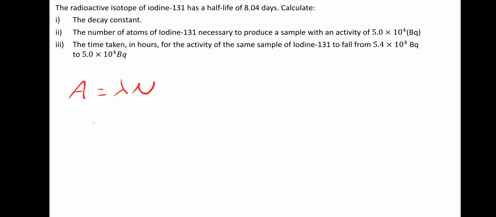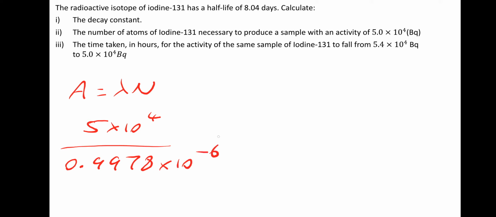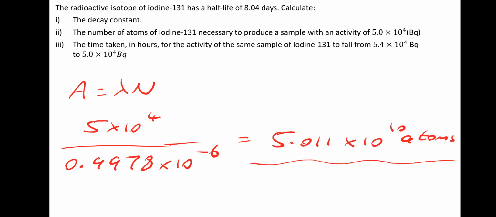So the activity is 5 times 10 to the 4, divided by the decay constant, 0.9978 times 10 to the -6. That will give us the number of atoms, which is 5.011 times 10 to the power of 10 atoms.